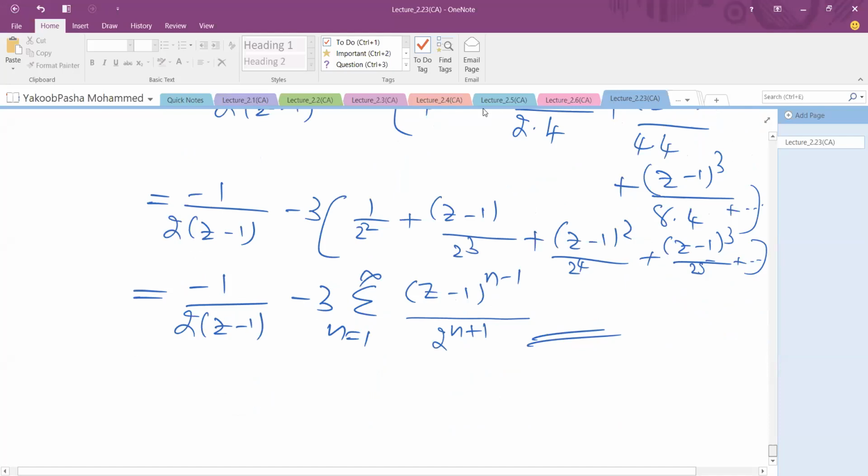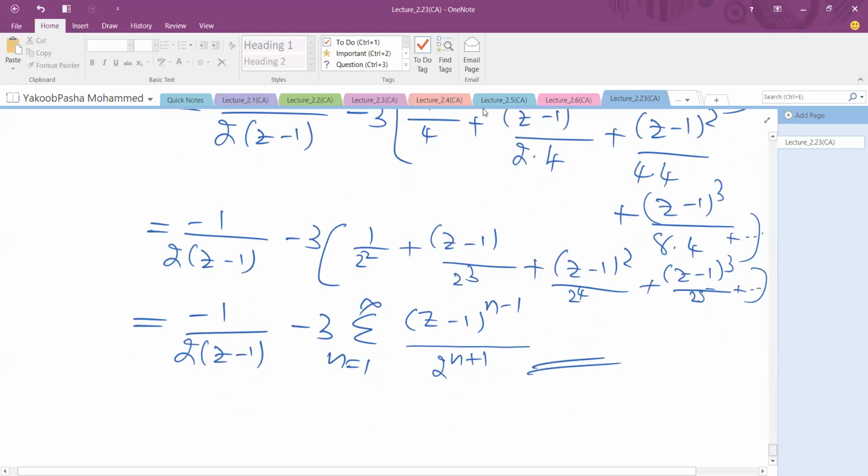Sir, the denominator should be z minus 1. Isn't it that the z minus 1 denominator should come, sir? 1 by z minus 1, 1 minus z minus 1 whole square. Laurent series. This is it. Here, what is our condition? z minus 1 is less than 2, so this is less than 1.